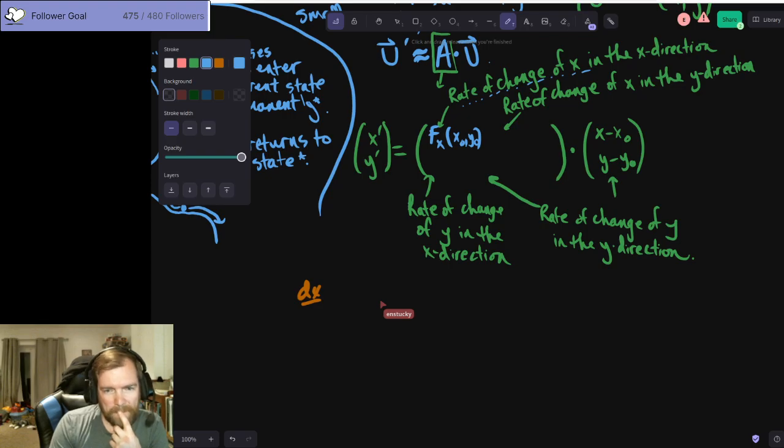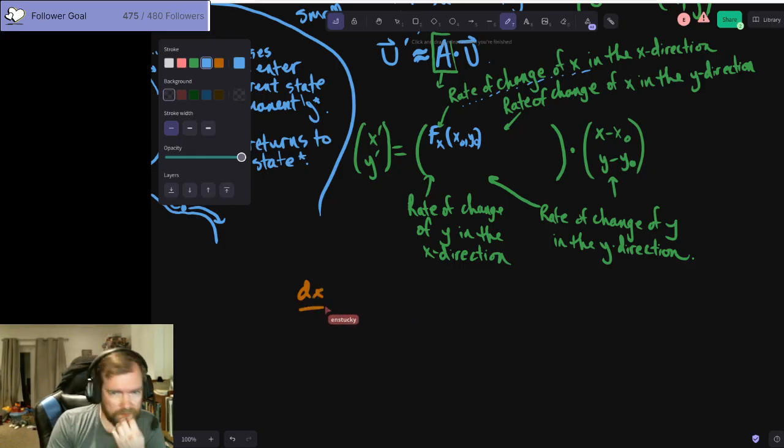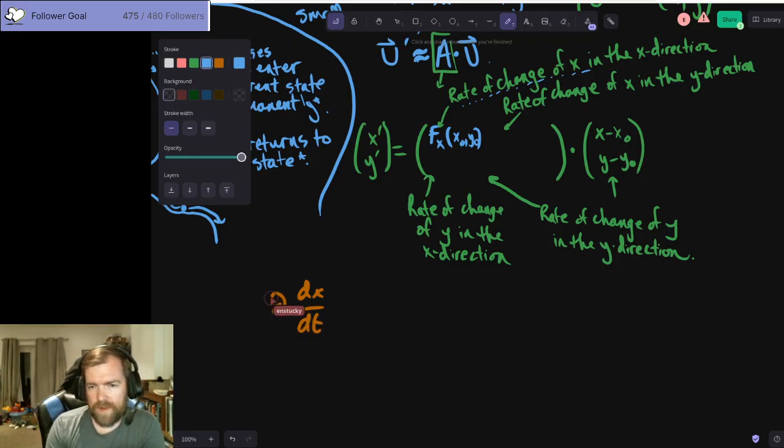But f x, so this first term is going to contribute a dx over dt times, or wait, no, dx over dt, but partial of that with respect to x, dx.